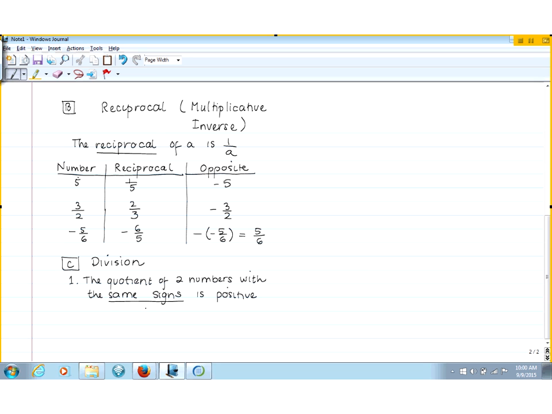Right? So same sign is positive. And the quotient, maybe I should write this. So positive divided by positive is positive. Negative divided by negative is positive.